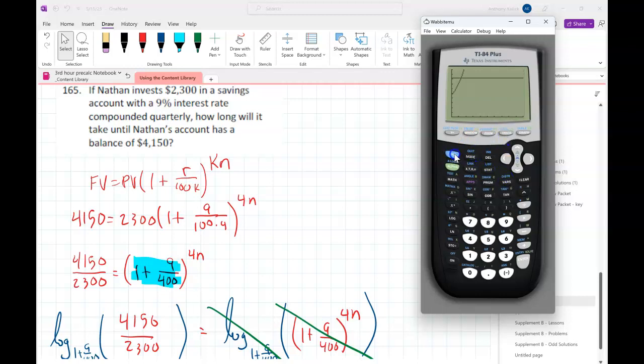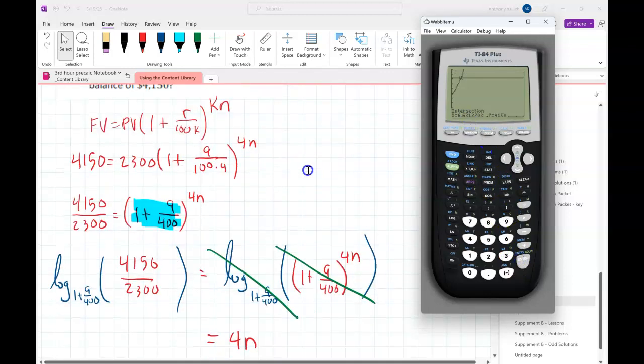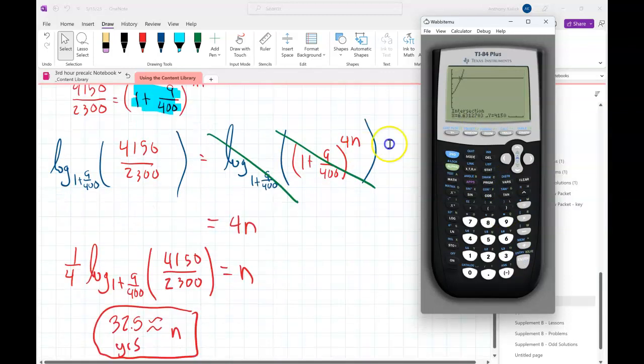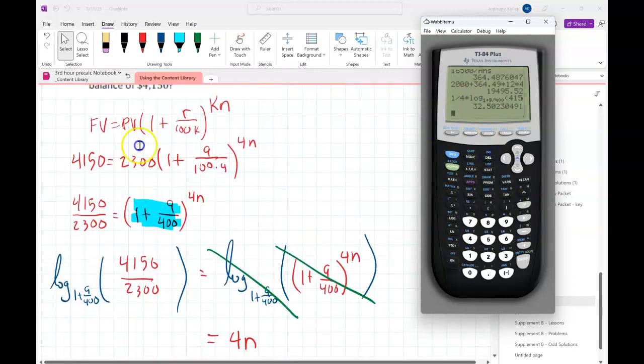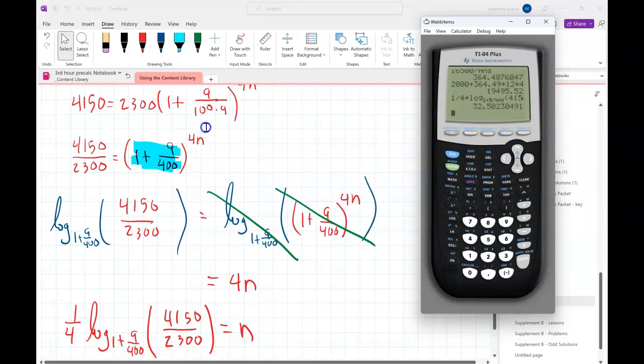Where did we goof that up? Okay. So we divided the 2300 over, that's good. Did log of that to both sides.